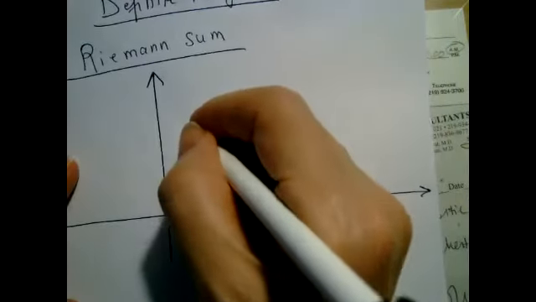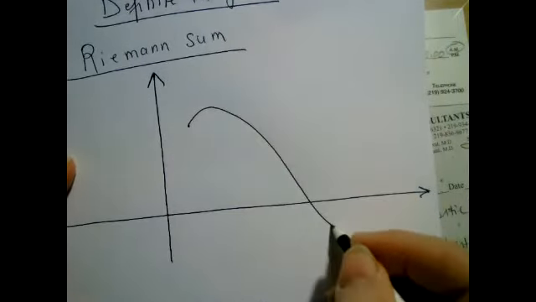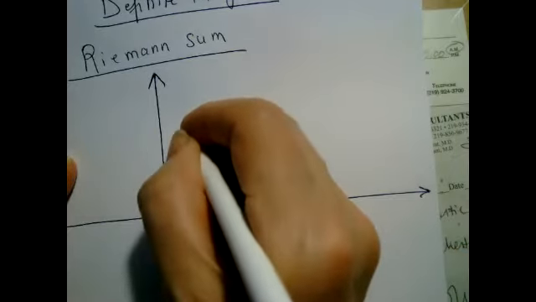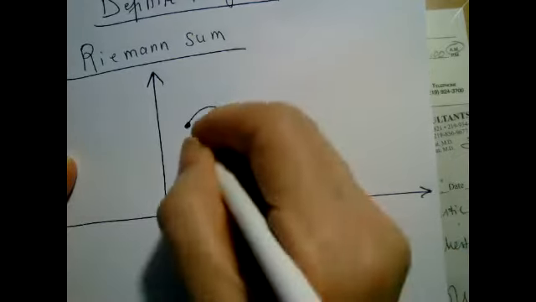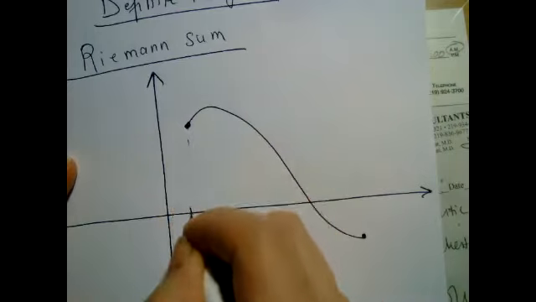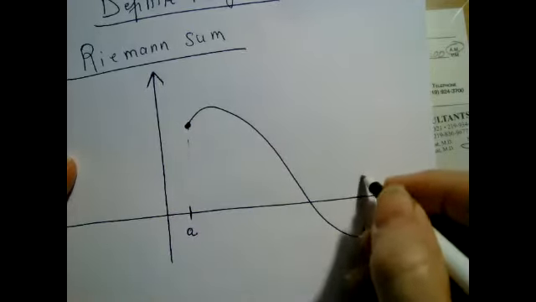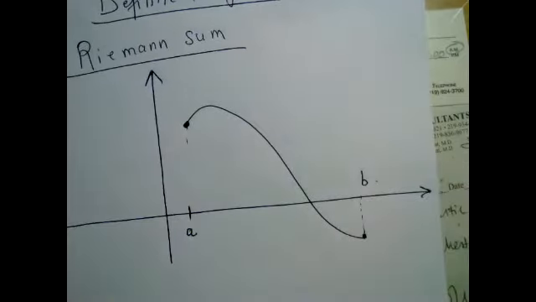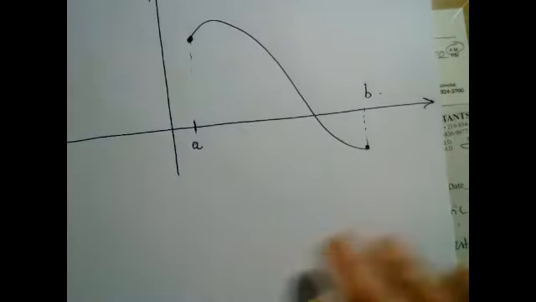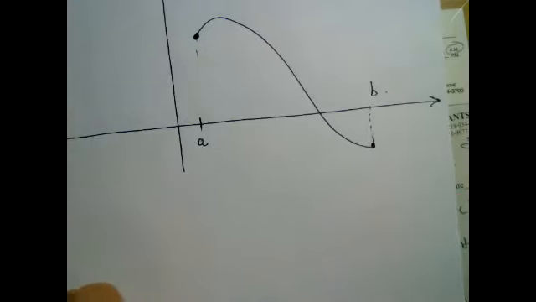And this function takes a bunch of positive values and negative values. So this is my function f. And this is my interval a and my interval b. Now I will define first what we mean by left Riemann sum.